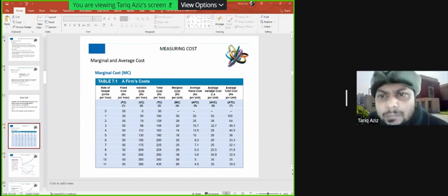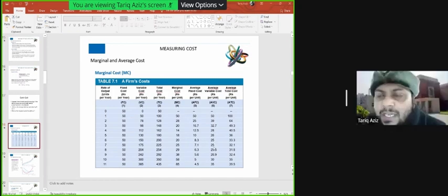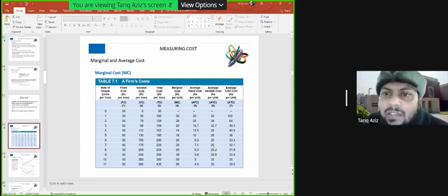Now the next column is for average variable cost. Average variable cost is nothing but variable cost divided by number of units. So initially, this will reduce, then it will reach its minimum. Then after reaching its minimum, it will start rising.